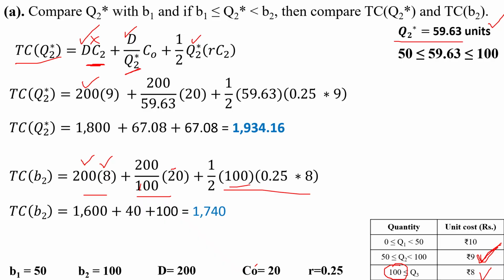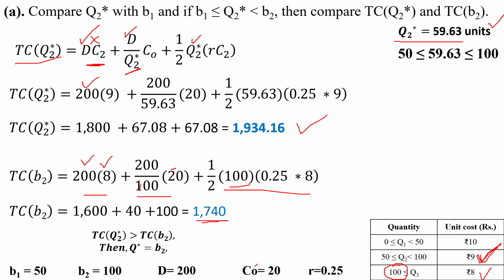So here we have to compare the total cost of the Q2* quantity and the B2 quantity. The total cost for the Q2* quantity is 1934.16 and the total cost for the B2 quantity is 1740 only.